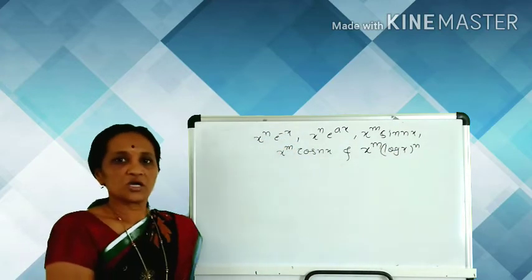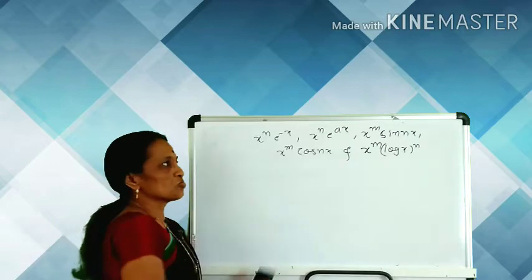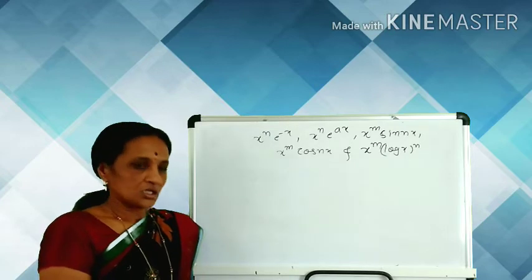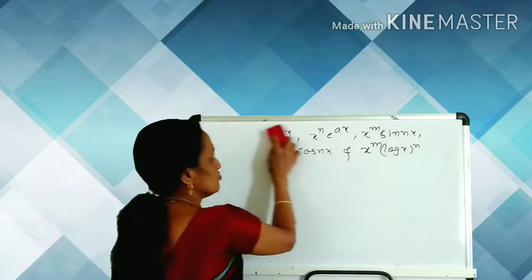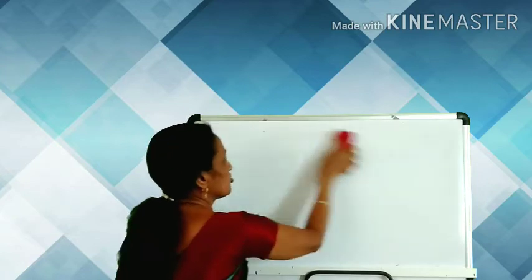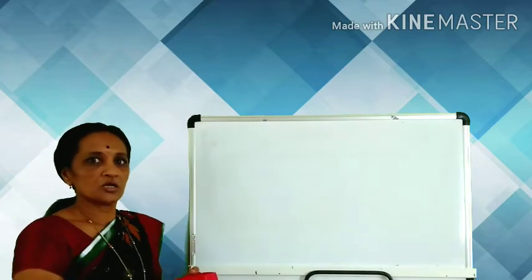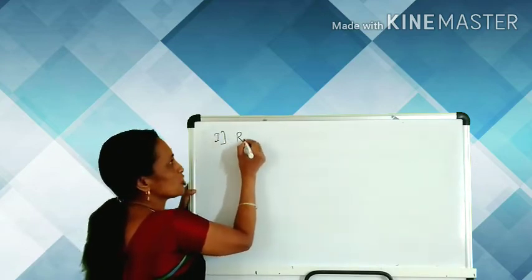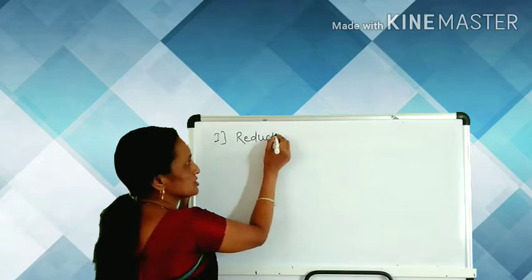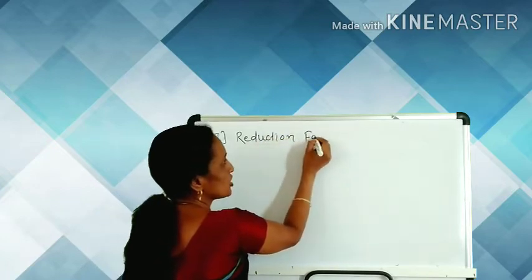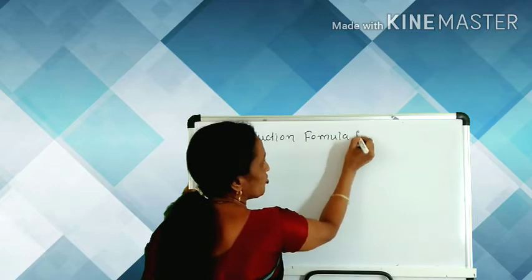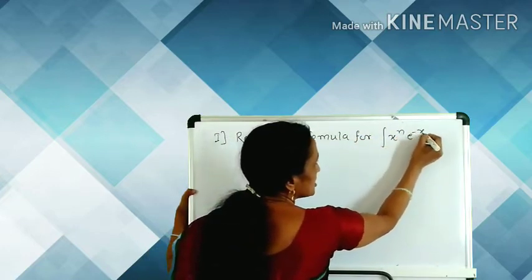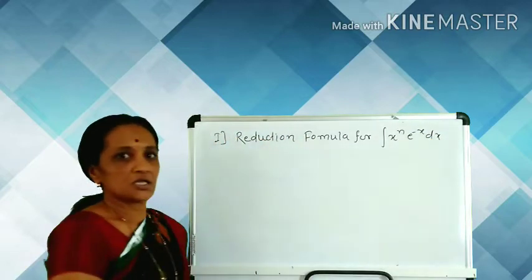Now step by step we learn the reduction formulas of these functions, so let us take the first function for finding the reduction formula, and here the first is the reduction formula for integration of x raised to the n e raised to minus x multiplied by dx.